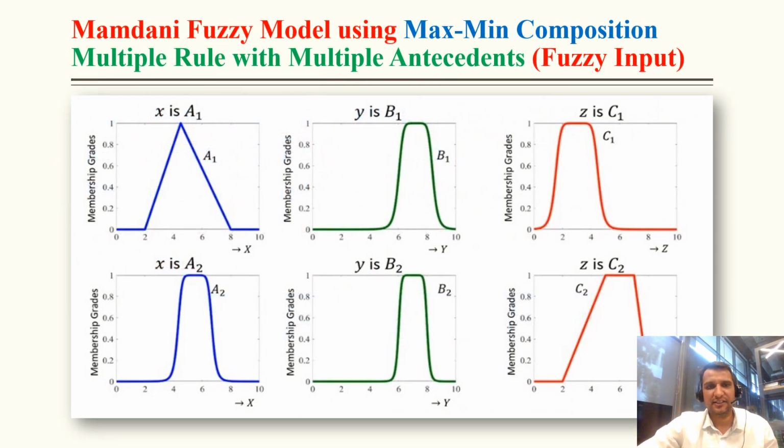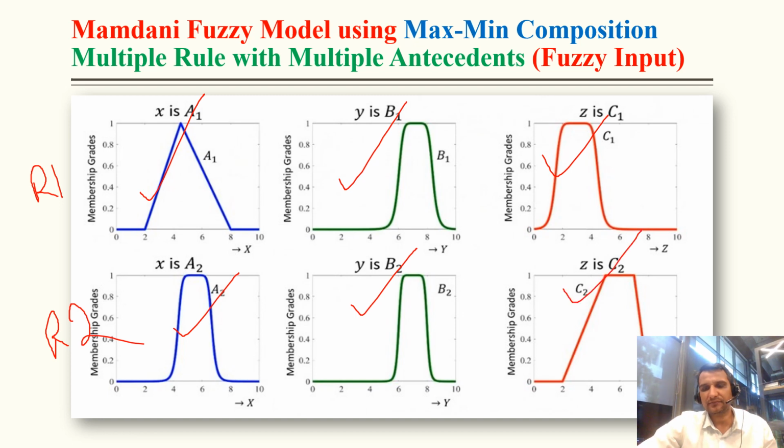So this is the scenario. If x is a1, y is b1, then z is c1. This is known to us. Rule 1, right? Rule 2, if x is a2 and y is b2, then z is c2.